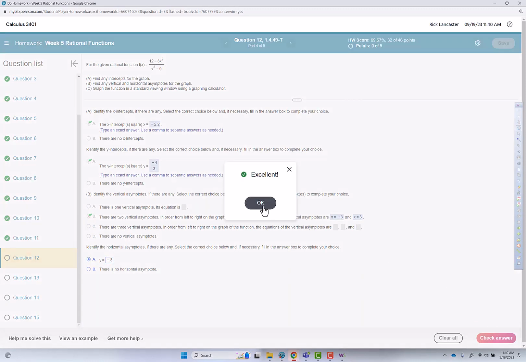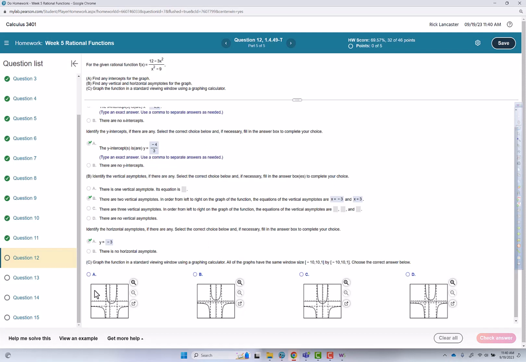Check answer. Excellent. And then we want symmetrical vertical asymptotes around the y-axis, and then a horizontal asymptote below the x-axis. So this is symmetrical, and that looks like -1, -1, 2, 3. So I'm going with C.